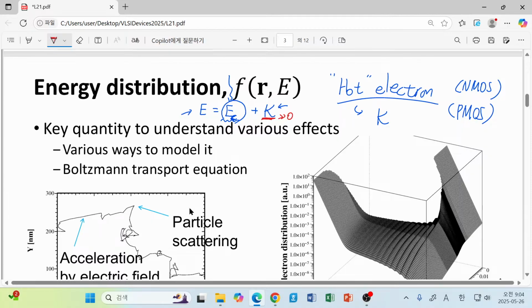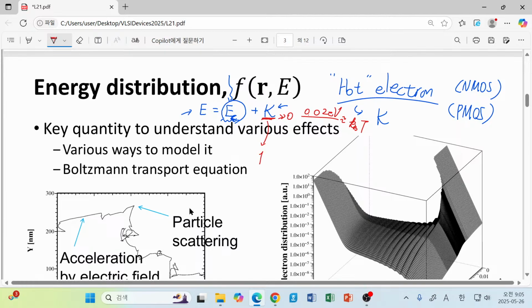What is high and what is low in this case? Well, think about this one: 0.02 eV, electron volts. Do you expect that this is hot or cold? Since this is more or less corresponding to just kBT, thermal energy, this one is regarded as a cold one. However, think about this one.